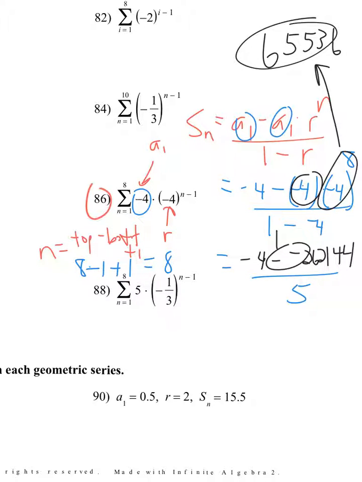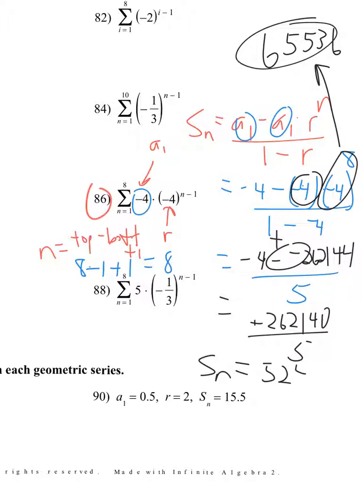And so it's minus a negative, so it's plus. That ends up being positive 262,140. And I'm going to divide that by 5. So I get Sn is equal to, use your calculator, 52,428. And there's your answer to that problem.